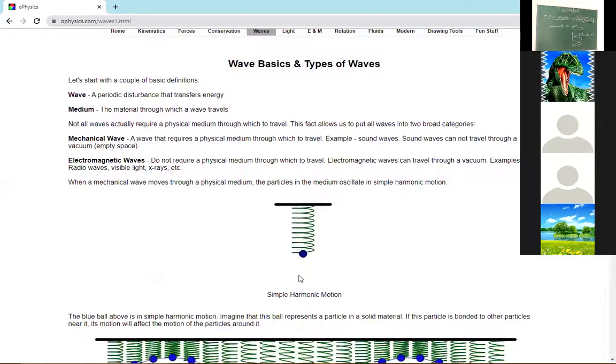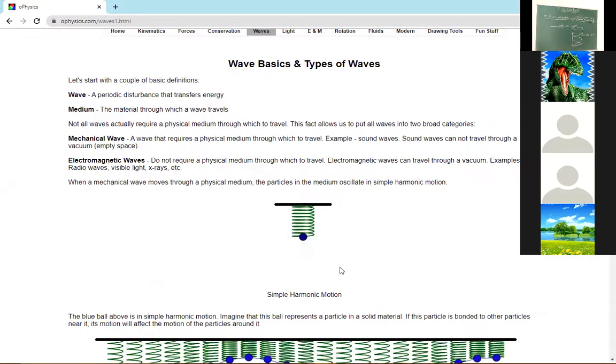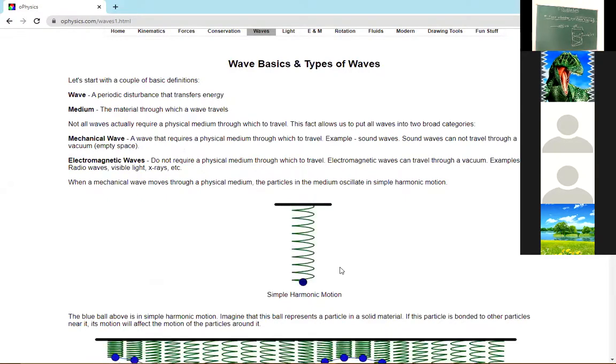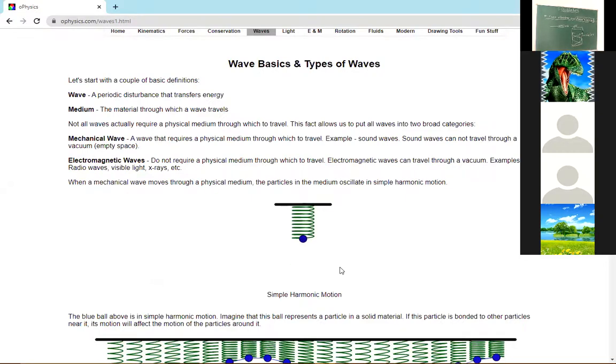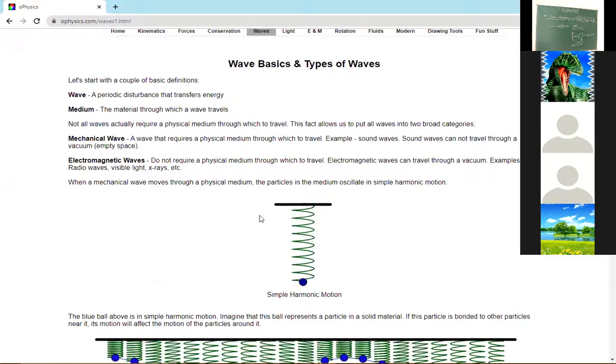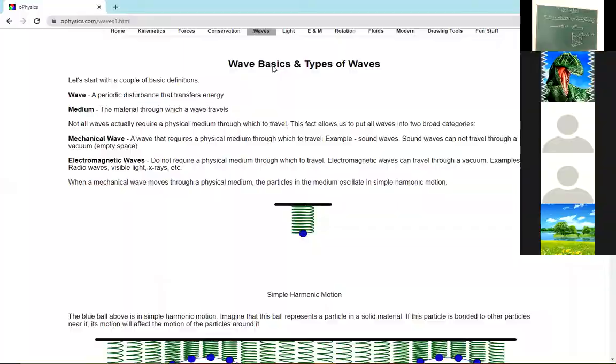What is happening over here? This particle is continuously performing simple harmonic motion without any external force. Once the force is applied, they are moving on their own.